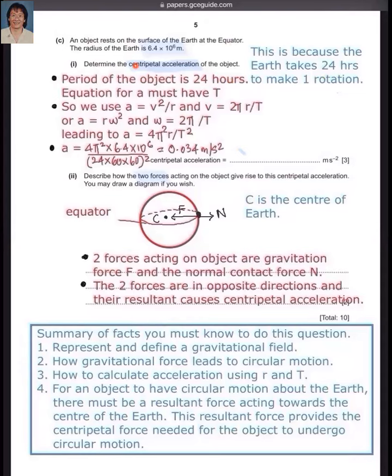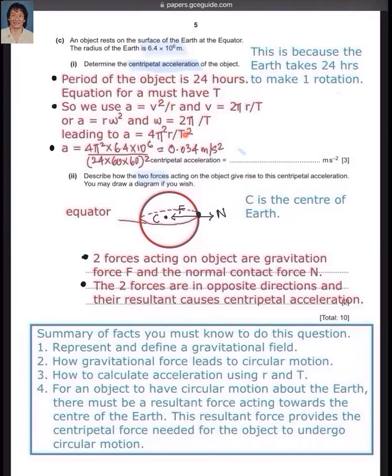When we want to determine the centripetal acceleration, the equation must have T, which is 24 hours. So we can use a equals v squared over r and v equals 2 pi r over T. Or we can use a equals r omega squared, where omega equals 2 pi over T. So you substitute either into a equals v squared over r, or a equals r omega squared, and you'll get a equals 4 pi squared r over T squared.